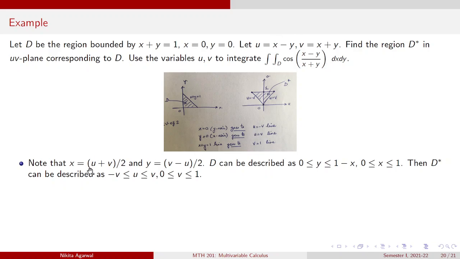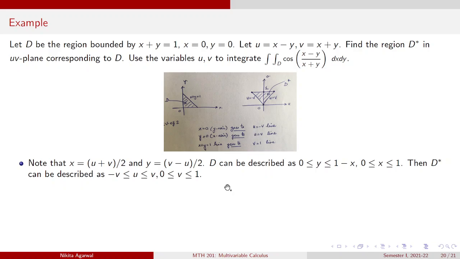If x is 0, then u is equal to minus v, so that is this line. So x equal to 0, the y-axis, goes to this line u equal to minus v. And y equal to 0, which is the x-axis, goes to the line v equal to u, this line.